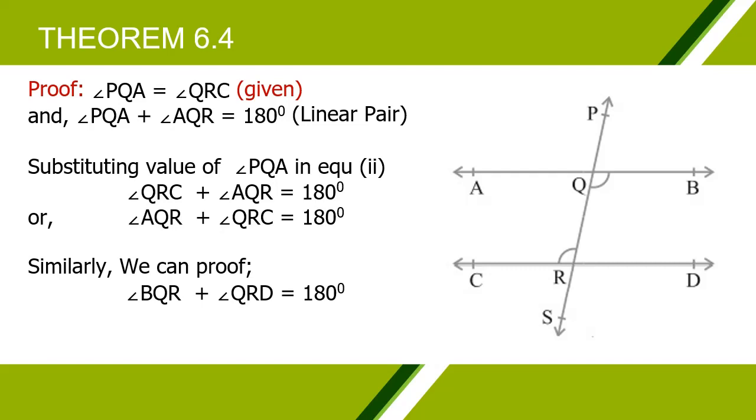Substituting value of PQA in equation number 2, what we will get? Angle QRC plus angle AQR equals 180 degrees, or we can write it as angle AQR plus QRC equals 180 degrees, and that is what we need to prove. Similarly, we can also prove that angle BQR plus angle QRD is also equal to 180 degrees.